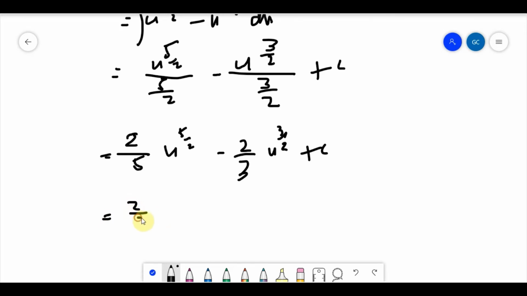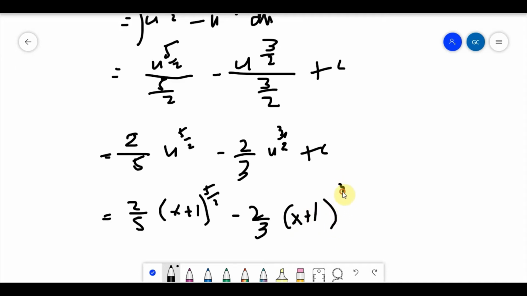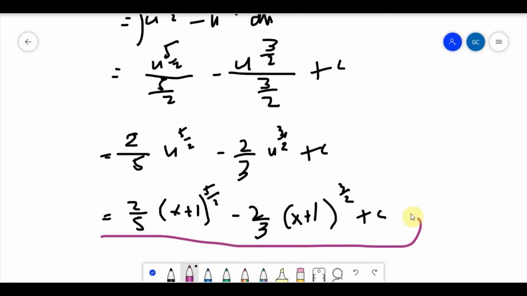So that would be 2 over 5 times x plus 1 to the 5 over 2, minus 2 over 3 times x plus 1 to the 3/2, plus some constant. Now this is the final answer.